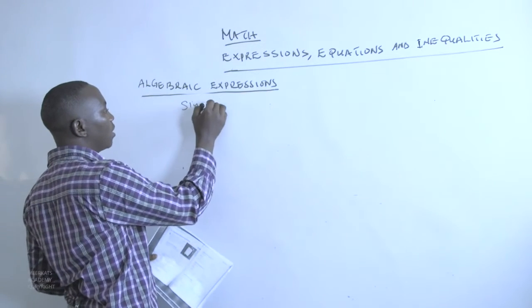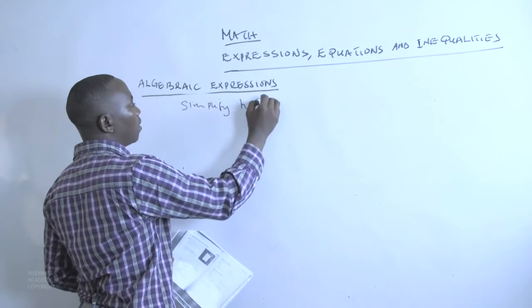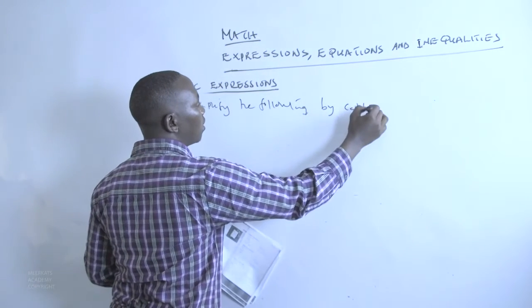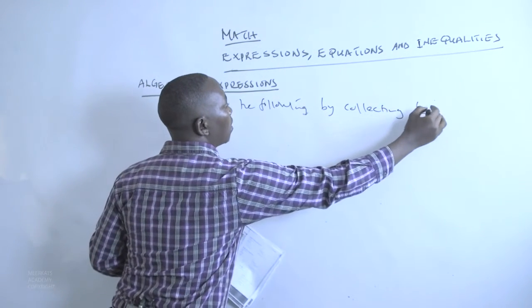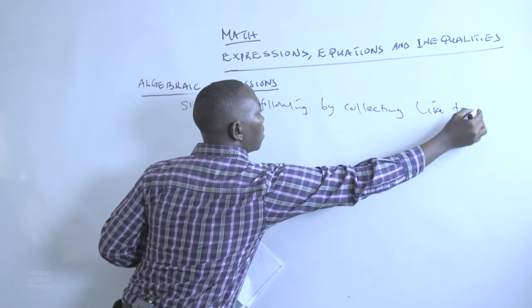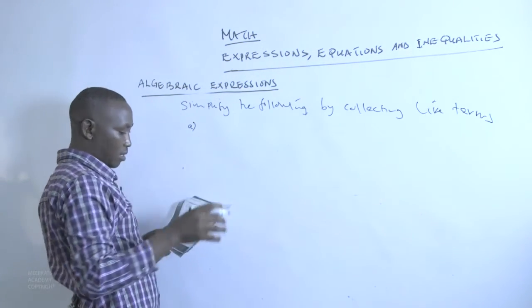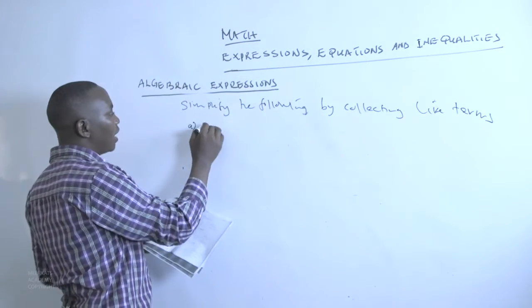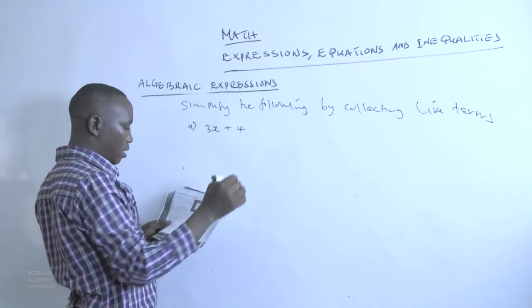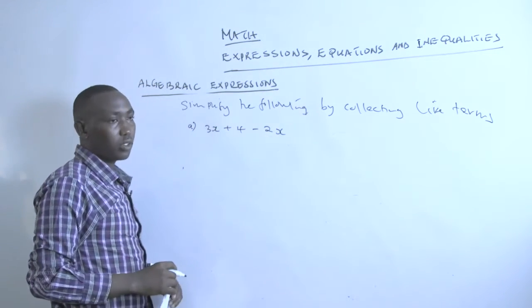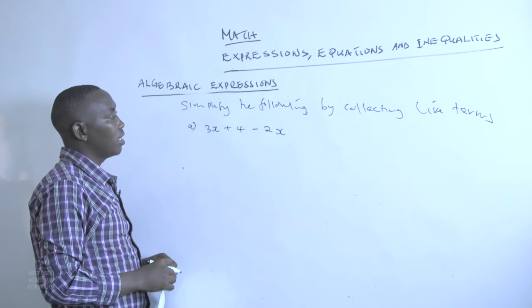Simplify the following by collecting the like terms. A, we have 3x plus 4 less 2x.